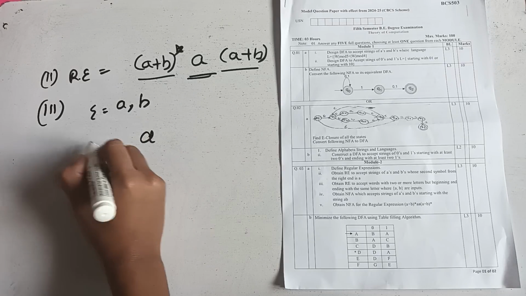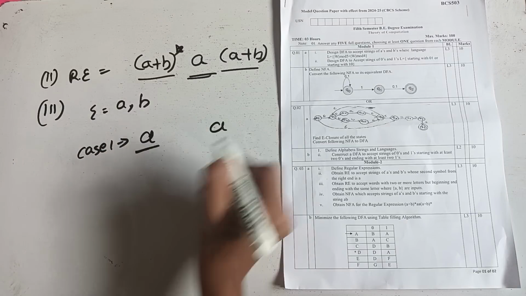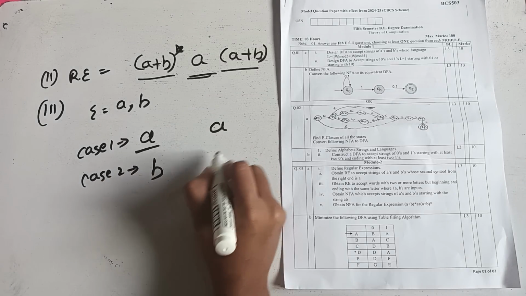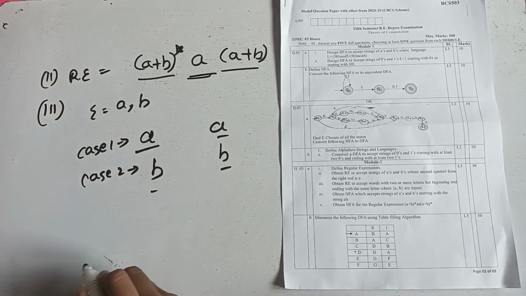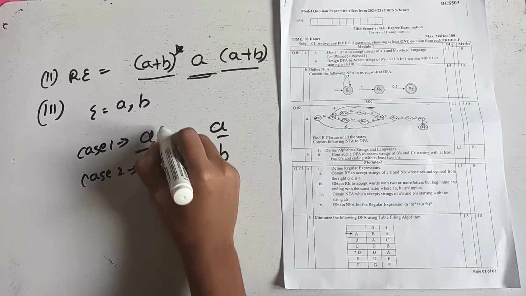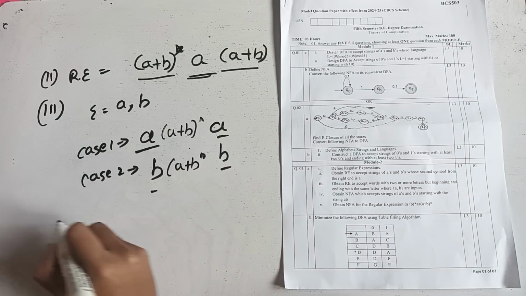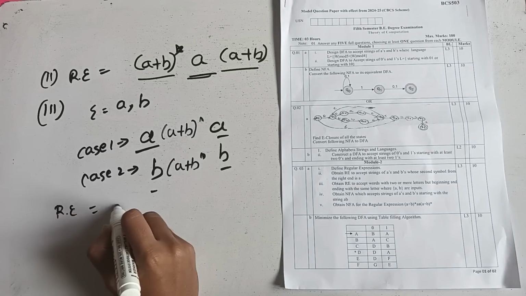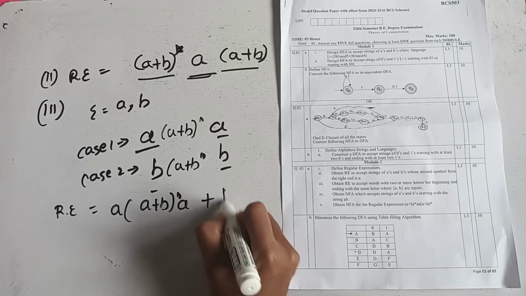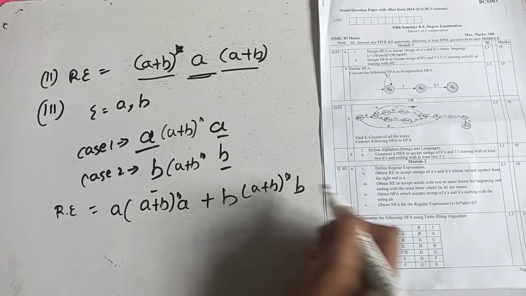If case 1, it begins with A then it should end with A, and case 2 is if it begins with B it ends with B only. So for case 1, here any number of A's and B's, here also any number of A's and B's. So what is the final regular expression? (A plus B) whole star A (A plus B) whole star B.